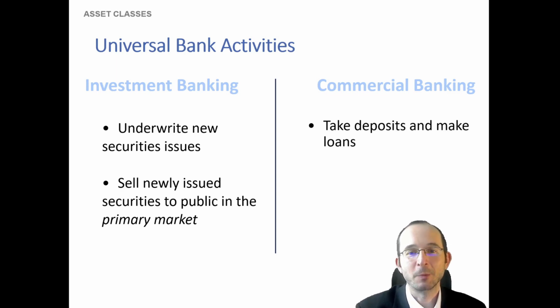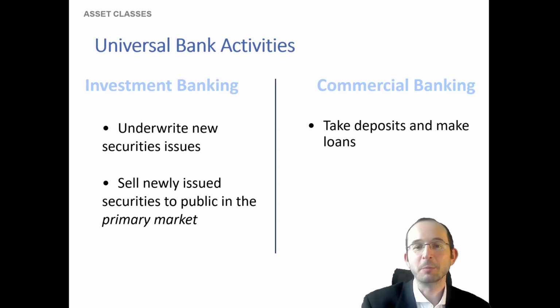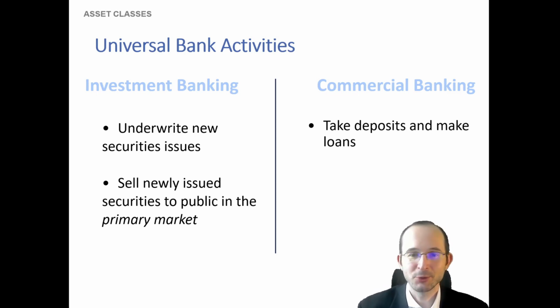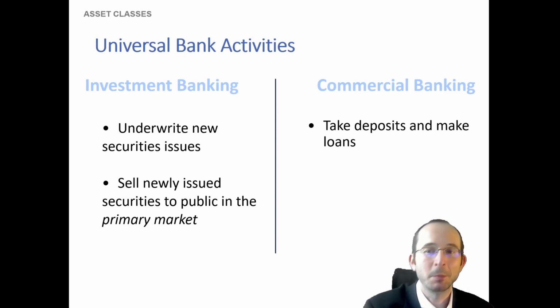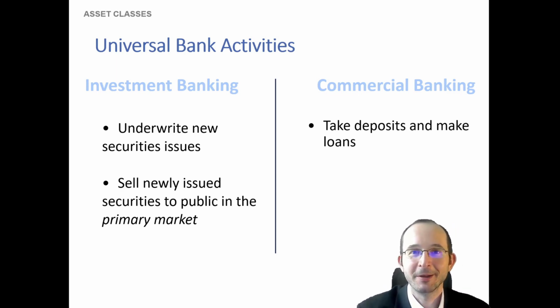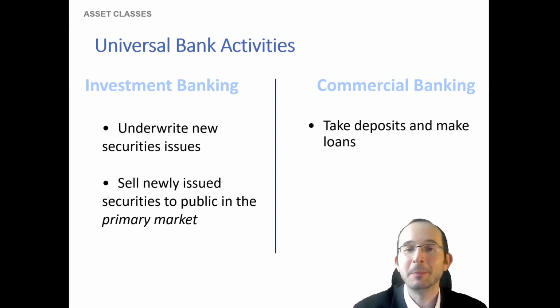A commercial bank will instead take deposits from households and will make loans, either to other households or to firms. So an investment bank will more help with the marketing and creation of new securities. A commercial bank will help with the origination of loans and the financing of those loans from deposits.